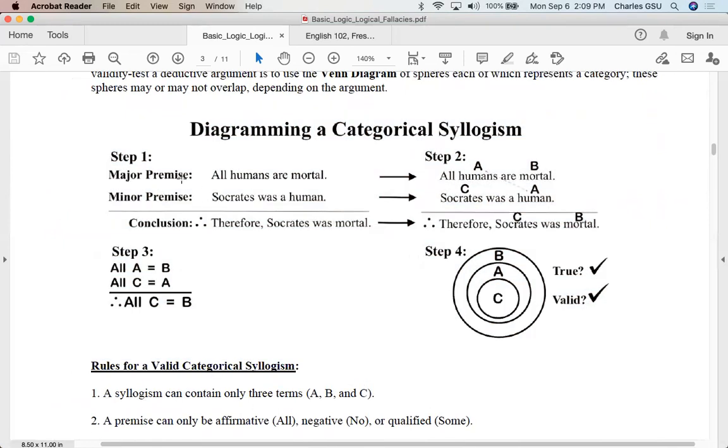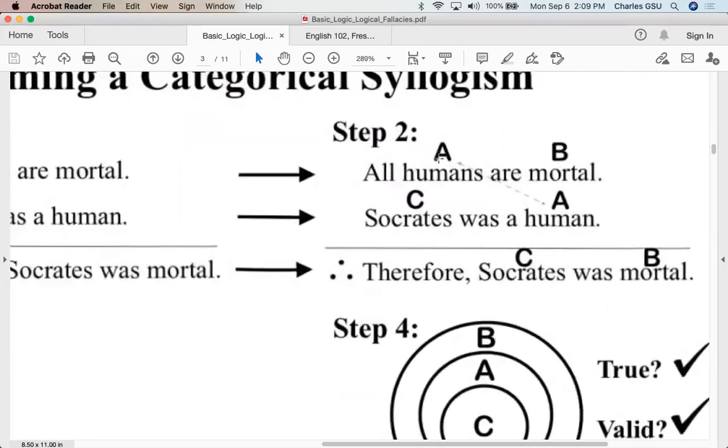Step 1 is you have it written down as a major premise, minor premise, conclusion. Step 2 is you term it, you put it into its fundamental terms. So human is the first term, mortality is the second term, it's a new term. Socrates is a new term.